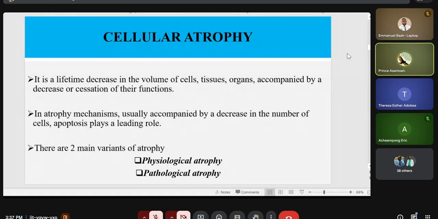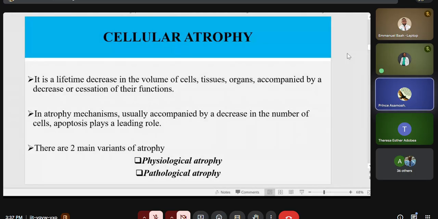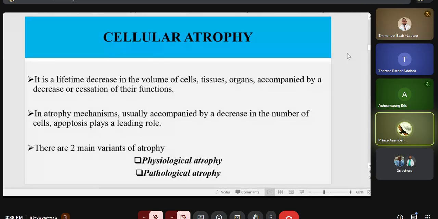If you don't use any body part, it atrophies. That is the principle of the cell. So cellular atrophy is the lifetime decrease in the volume of the cells, tissues, organs, and it is accompanied by a decrease or cessation of their functions. It is when it ceases to function, then you are there.